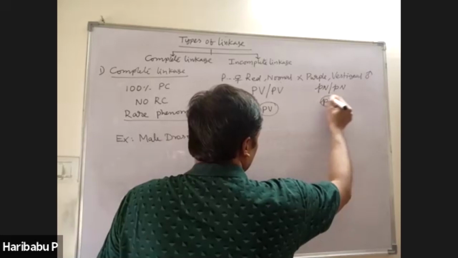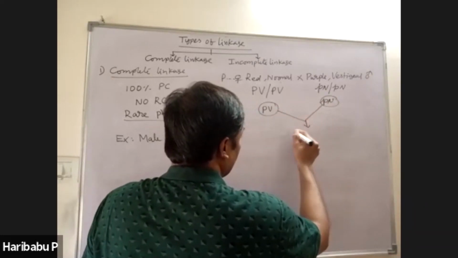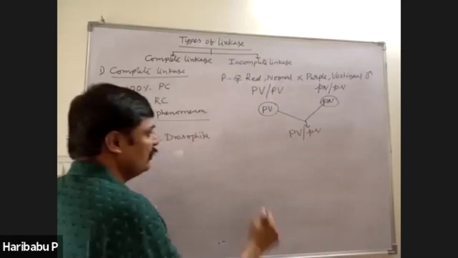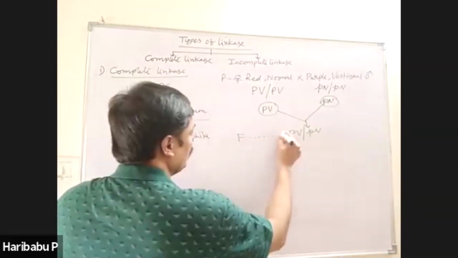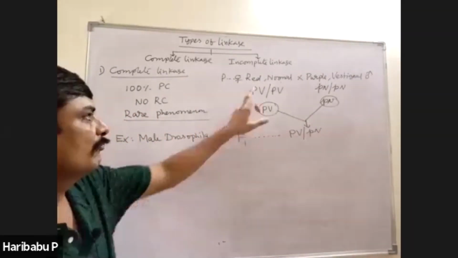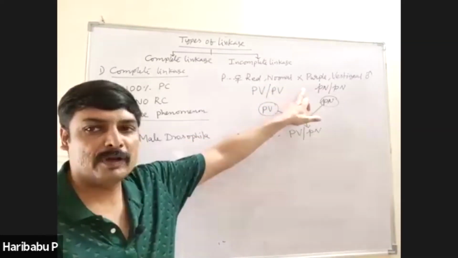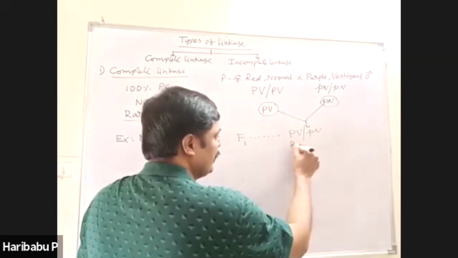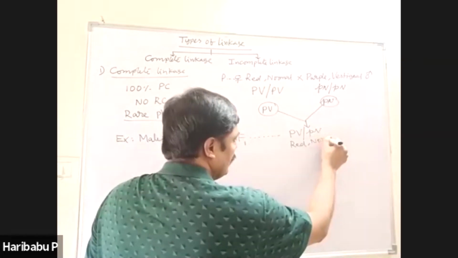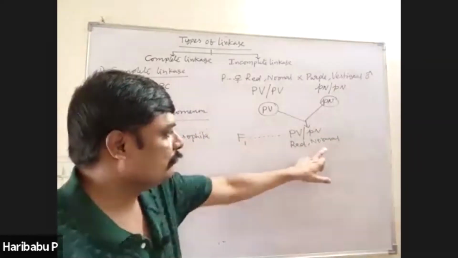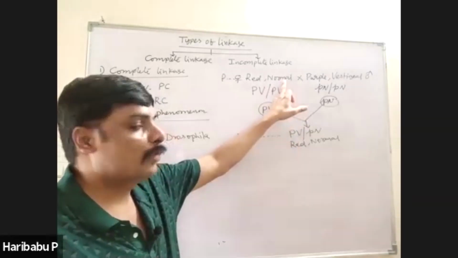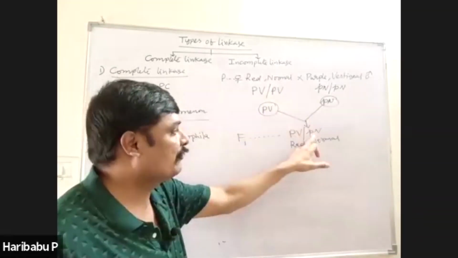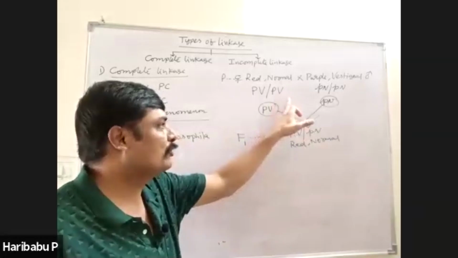When you cross these two, you will get capital P, capital V, small p, small v. This is the F1. All red normal were obtained, which is similar to the dominant parent phenotypically, but genotypically they are different. One is heterozygous, the other is homozygous.